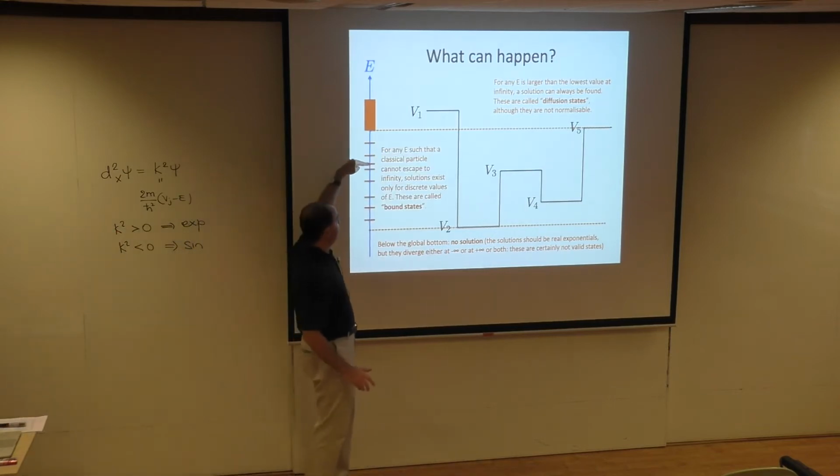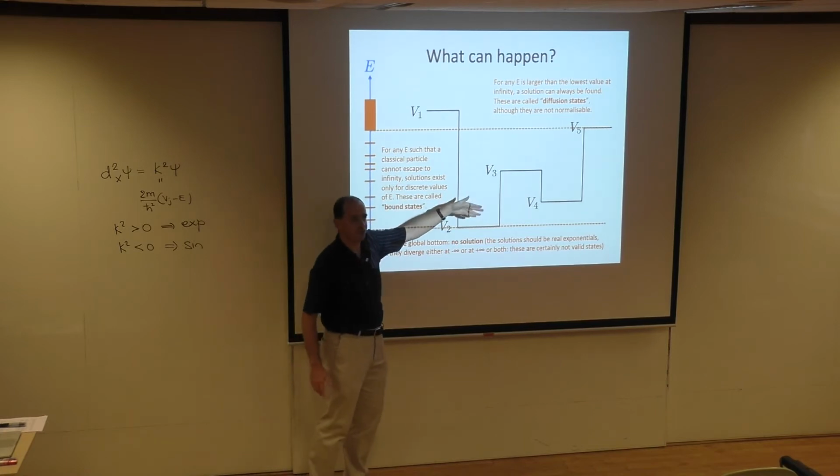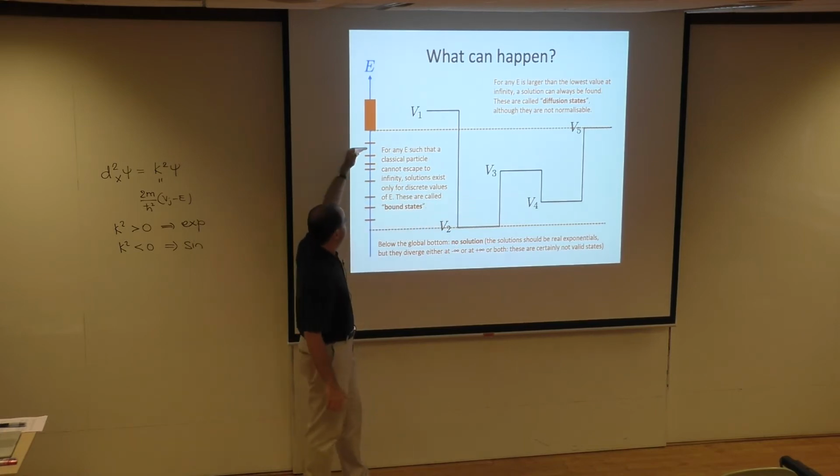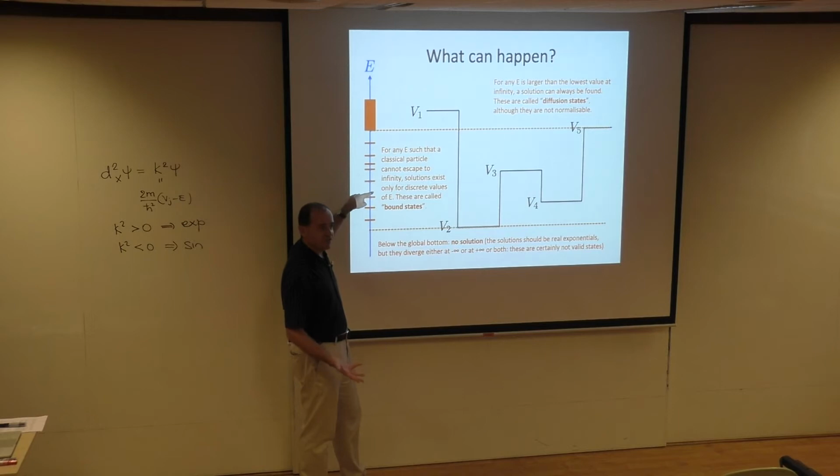There will be some energies; here it is of course qualitatively drawn, I didn't bother making the calculation exactly for this particular potential. There will be some values that are acceptable energy levels, which means that they are proper eigenvalues of the Hamiltonian. The eigenvectors will be proper eigenvectors, normalizable. And for all the other values, the solution is just not there.